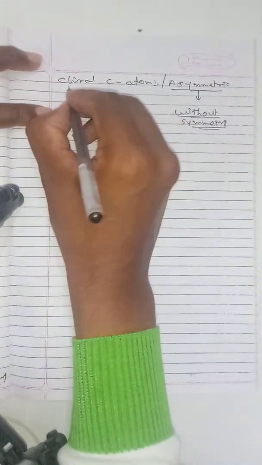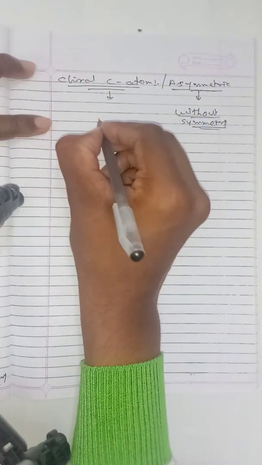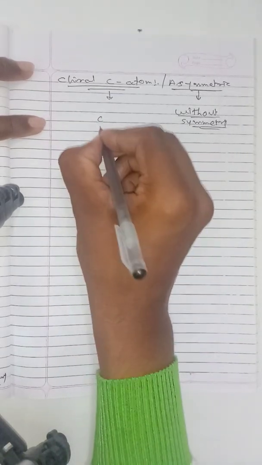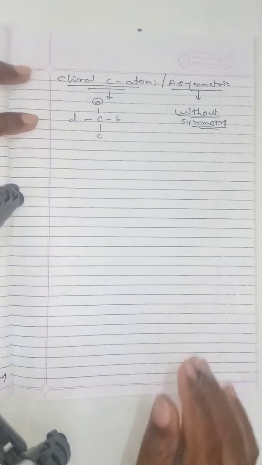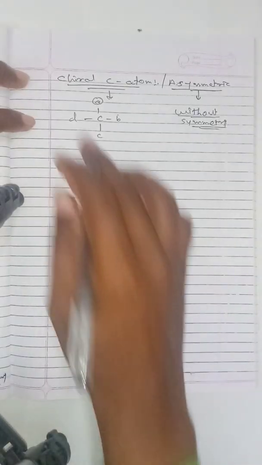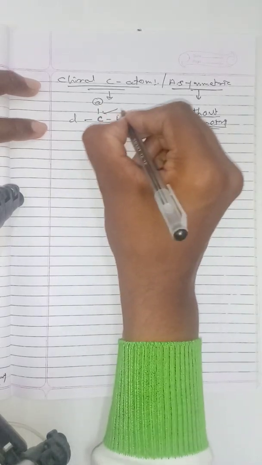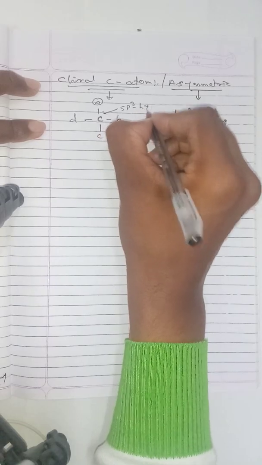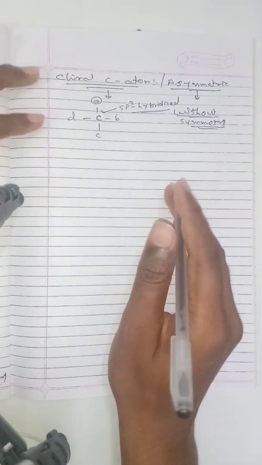Now let's see what a chiral carbon atom is. A carbon atom which is bonded to four different groups or atoms is called a chiral carbon atom. Here this carbon atom is an sp3 hybridized carbon atom.